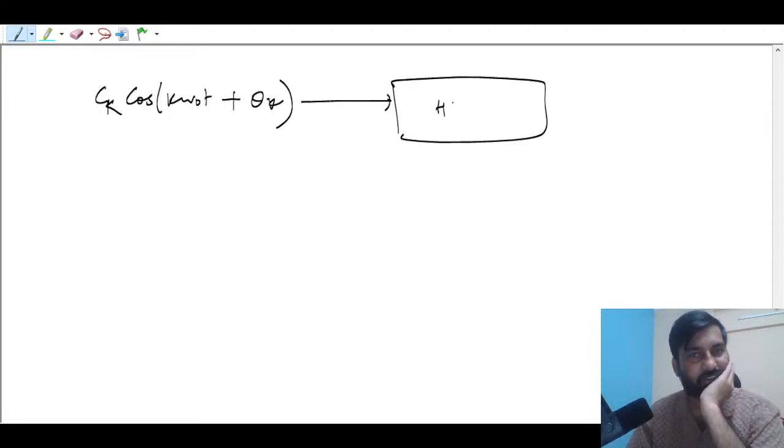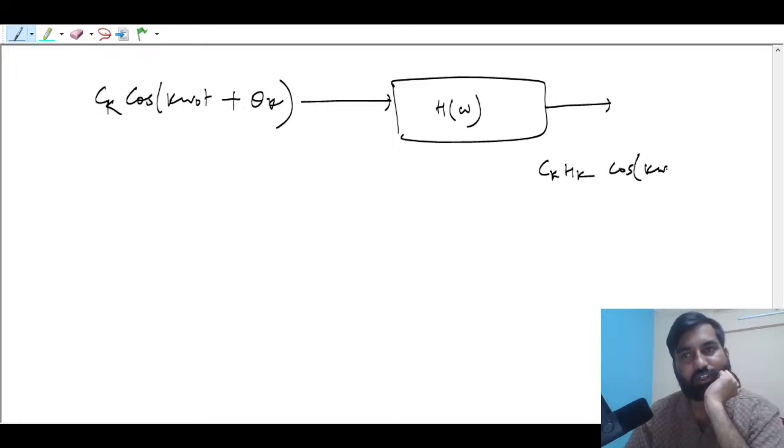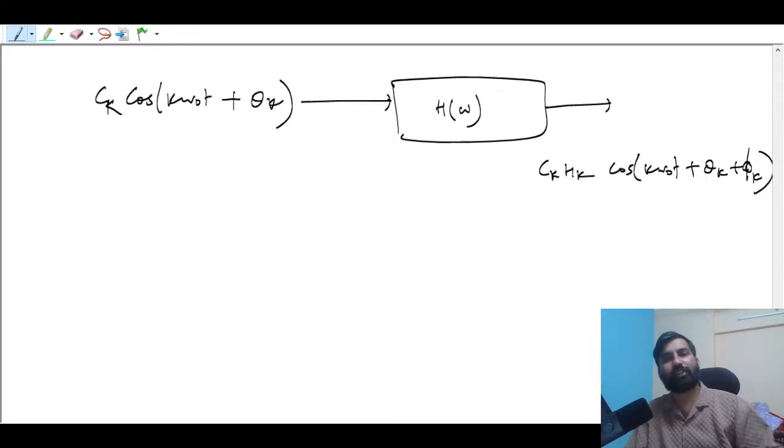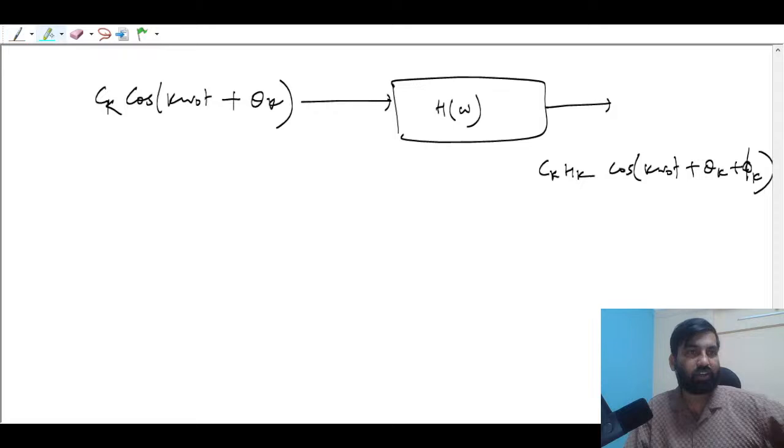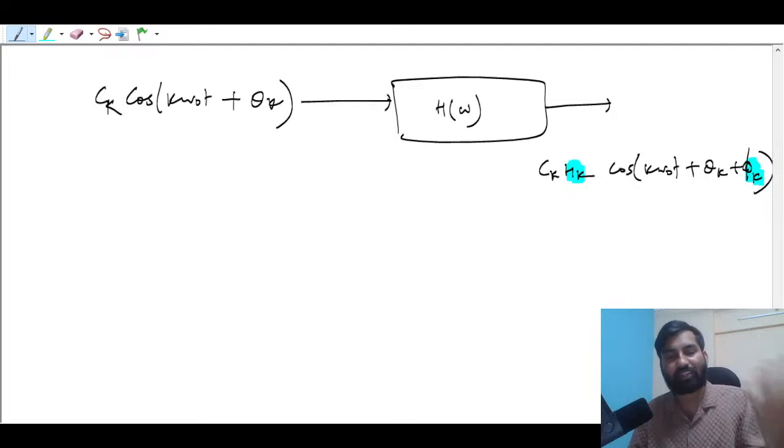This is nothing but your LTI system having the frequency response H(ω). So your output is going to be C_k |H(kω₀)| cos(kω₀t + θ_k + φ_k). Everything is going to be the same, right? Input phase and everything, but some extra phase will be there, and some extra multiplier, that is the magnitude.